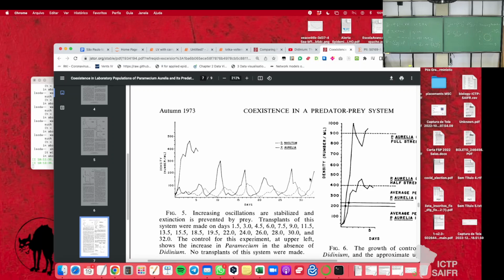But it goes to such a small level of the population of prey that, here, the model does not predict the extinction, but predicts a very small value of the population, which biologically is a zero.